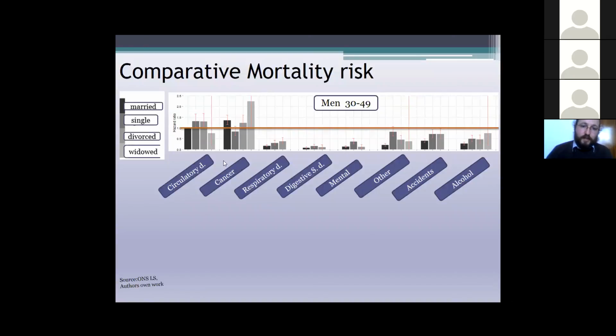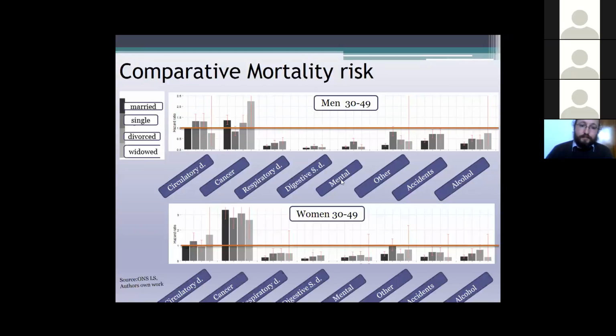What we can see here is that circulatory disease and cancer are the 2 leading causes, which we also know from the normal mortality stats. But we can also compare the singles, for example, from cancer. We see that they have more or less the same risk as singles dying due to an accident or other causes.